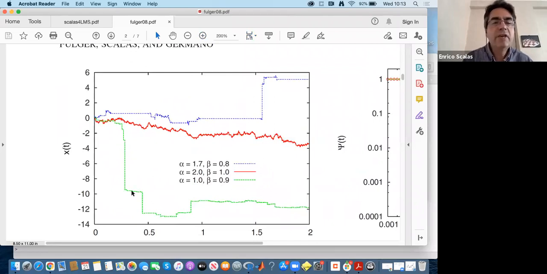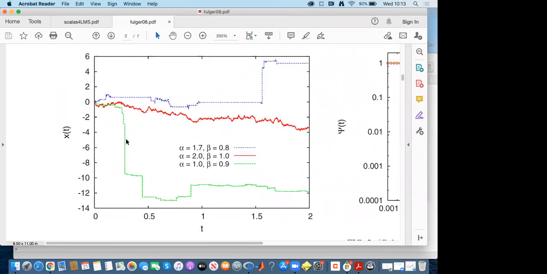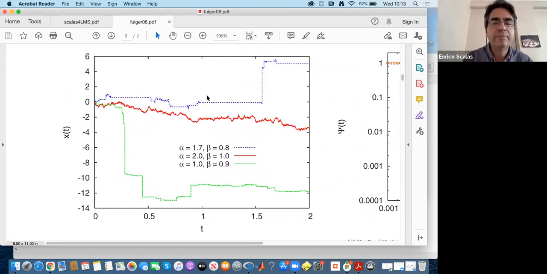Look at the green here, yes, or the blue figure. So if you do this game of seeing the process from a distance or rescaling appropriately space and time, and I will show you what the appropriate scaling is in this case, you see that the process is no longer apparently, so this is a conjecture at this point, no longer converging to standard Brownian motion or to Brownian motion.